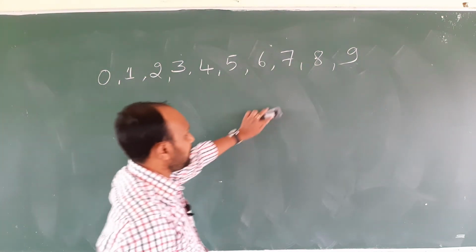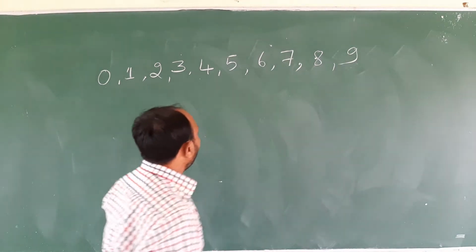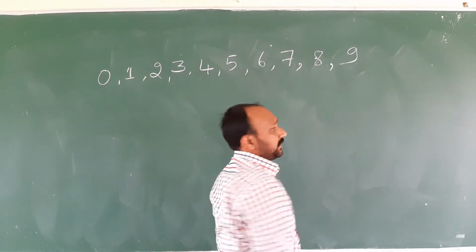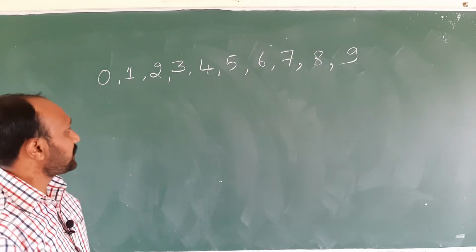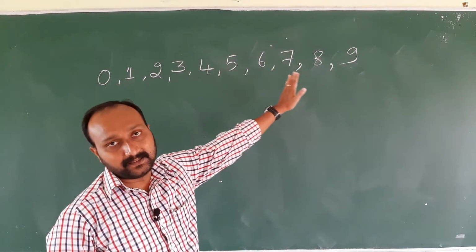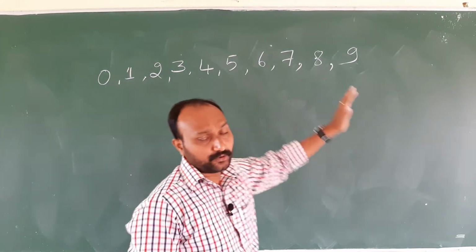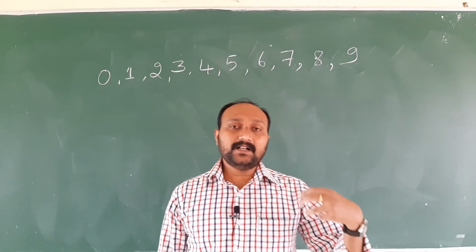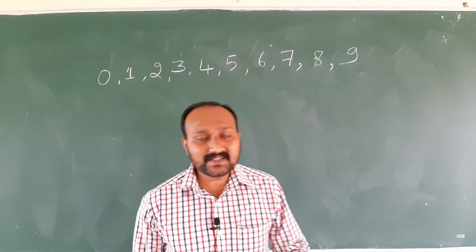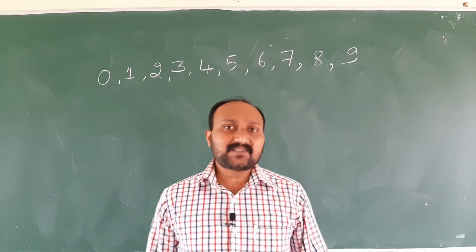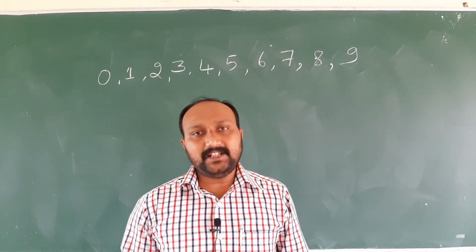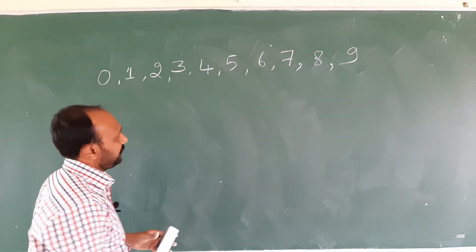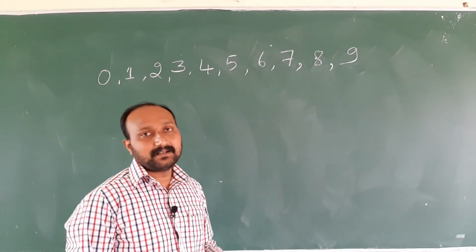If these symbols are used in a particular number system, then that number system is referred as decimal. How many symbols totally are we using? Total we are using 10 different symbols. So if a number system employs 10 different symbols, each symbol having its own face value, then such a number system is referred as decimal number system.